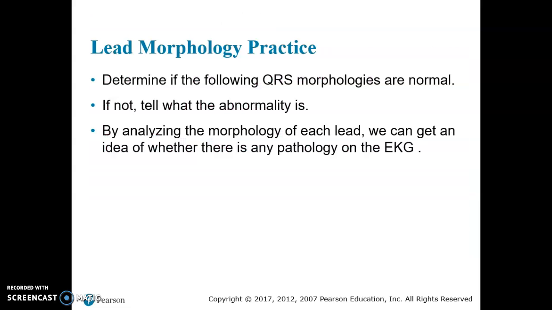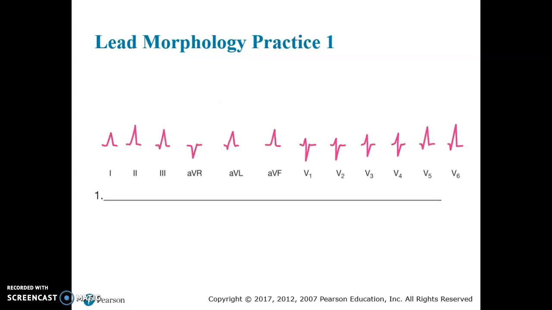Lead morphology practice. We need to determine if the following QRS morphologies are normal. If not, we're going to tell what is abnormal. By analyzing the morphology of each lead, we can get an idea of where there is pathology on the EKG, so where there's a problem. Looking at this, we need to go back to that previous slide and say, is 1 correct? 1 is positive. 2 is positive. 3 is positive.